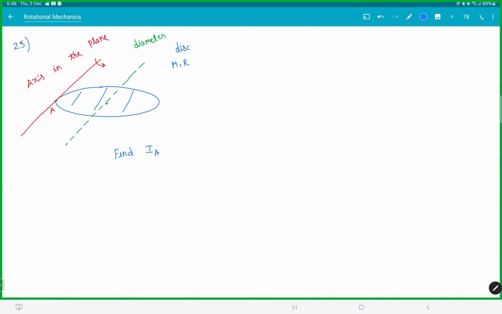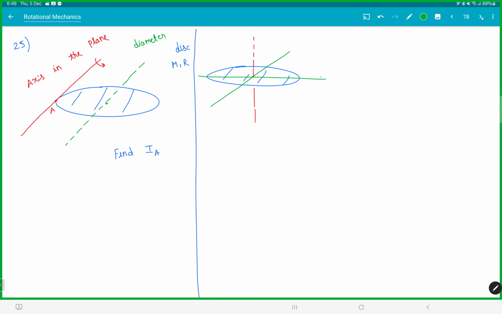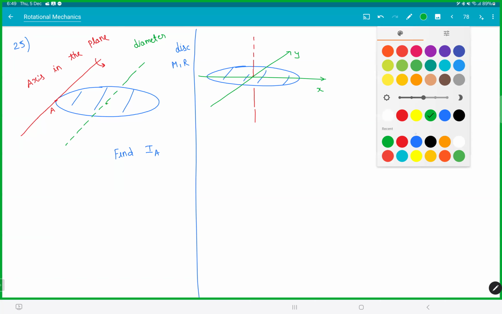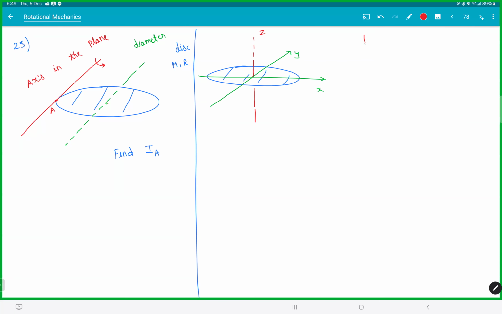Let's see. Now, let me show you two things. Tell me which one is right. First one, I'm going to do like this. This is the perpendicular axis. This and this. So this is X, this is Y, this is Z. So first I'm going to use the perpendicular axis theorem. Then I'm going to use the parallel axis theorem. So from this we get Iz will be Ix plus Iy.